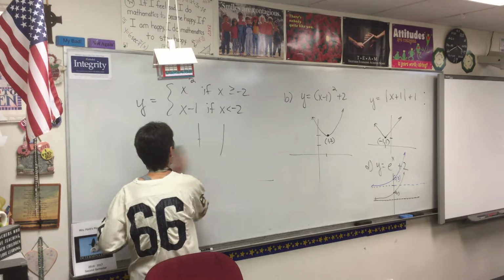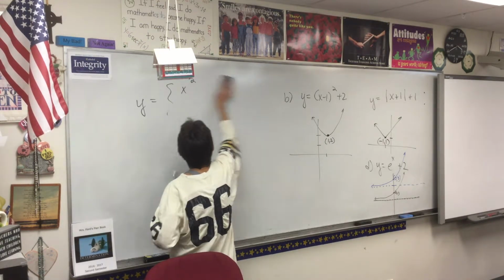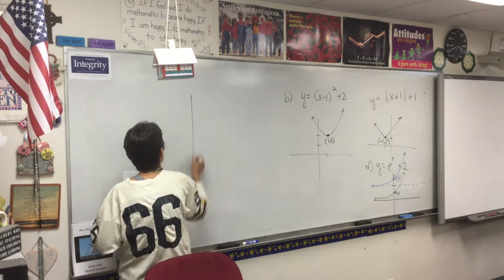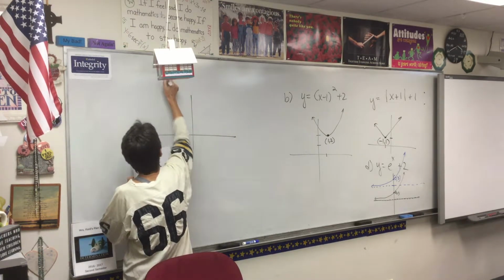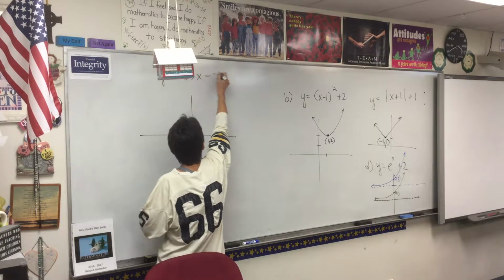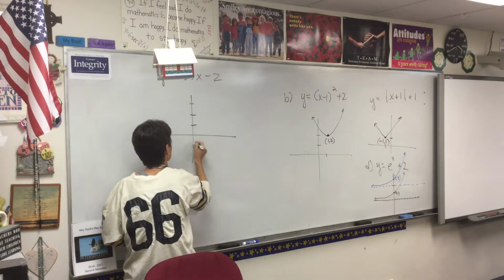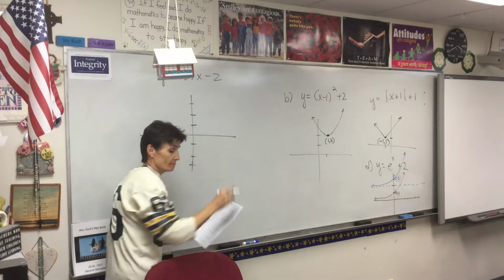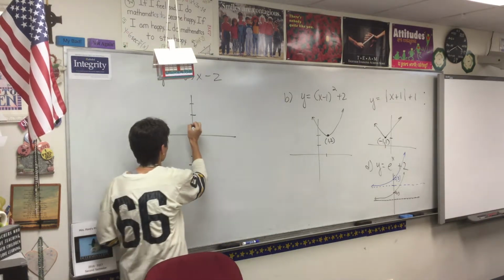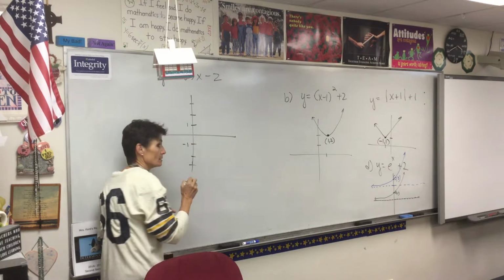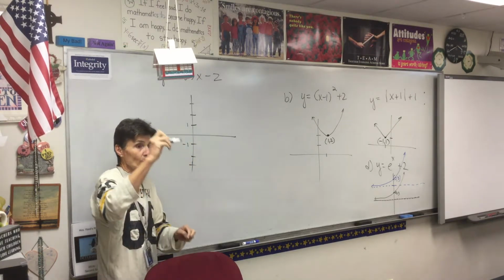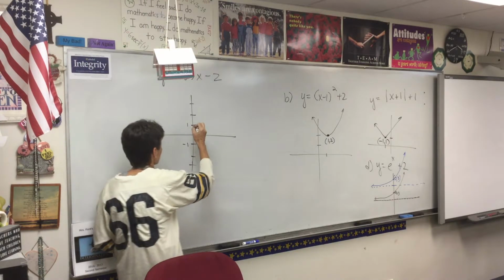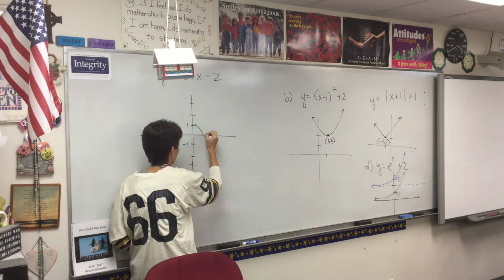E is another tricky one. E is a cosine drop down 2. So I'm going to go ahead and draw my regular cosine that goes up and down between -1 and 1. It's a cosine, so it actually starts up here, right?